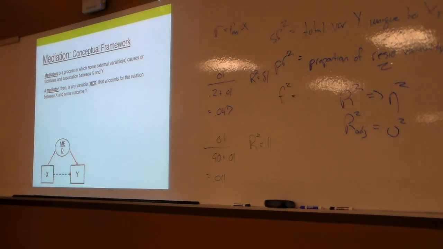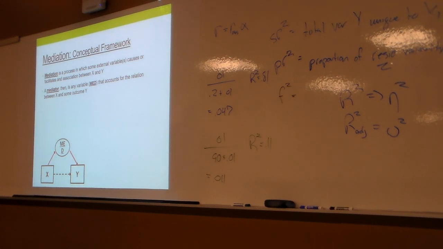If we're graphing our mediation out, this is often how we'll graphically represent it. We're saying that X is related to Y. We all know that X is related to Y, but what's really going on is that we've got this third variable, this mediator.